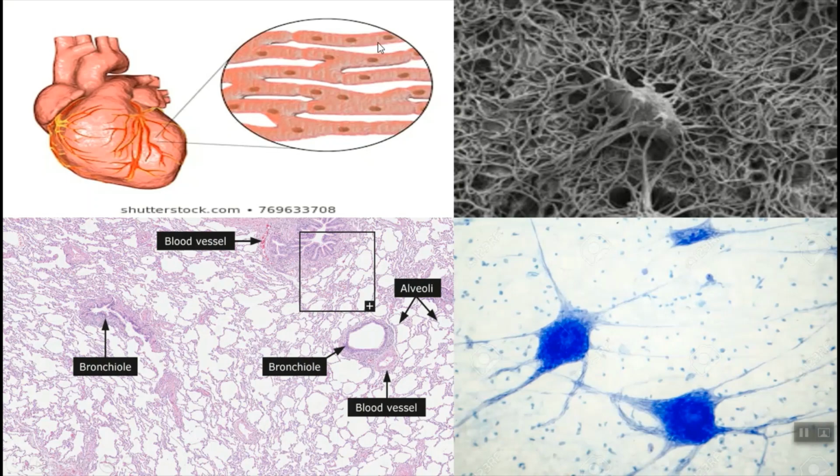So notice how all of our cells start to look different based on where they're at in our body. This is because our gene code tells our body to develop certain cells certain ways. They can perform different functions. Just like some of you guys are really good artists, some of you guys are really good mathematicians, some of you guys are really good scientists, some of you guys are really good at sports, and some people are really good at construction, some people are really good at teaching. That's me.